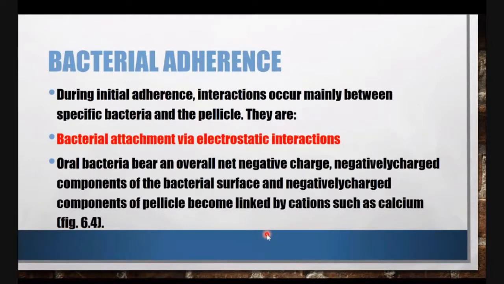During initial adherence, interaction occurs mainly between the specific bacteria and the pellicle. That means first we have the pellicle, then we have the bacterial attachment.